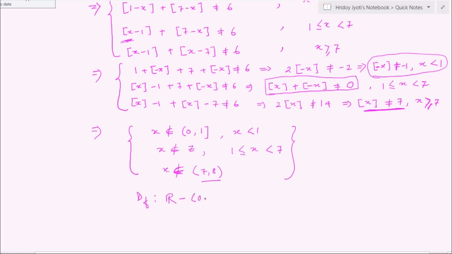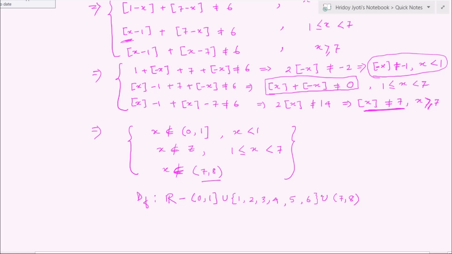So what are those intervals? 0 to 1, then union, this minus is for all x not belonging to integers for all x belonging to 1 to 7, meaning we have to subtract all the integral values from 1 to 7: 1, 2, 3, 4, 5, 6, union 7 to 8, open interval.